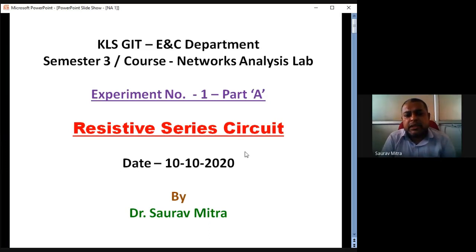So in first year you are familiar with all these things like CRO, what is a digital voltmeter, or actually it is called a multimeter. A multimeter has multiple measurement capabilities in it. One is voltmeter, one is ammeter, one is ohm meter. There are two probes coming out from the multimeter, one red, one black.